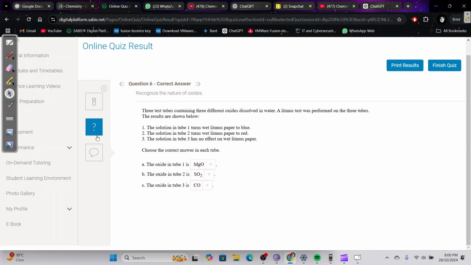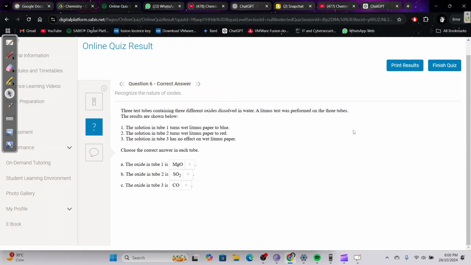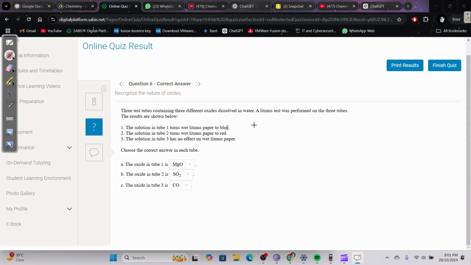Question 6. Three test tubes are contained. Okay, this is testing for oxide. The oxide in tube 1 is MgO. Let's read the description. The solution in tube 1 turned wet litmus paper to blue. Again, metallic oxides are bases. Non-metallic, acids.